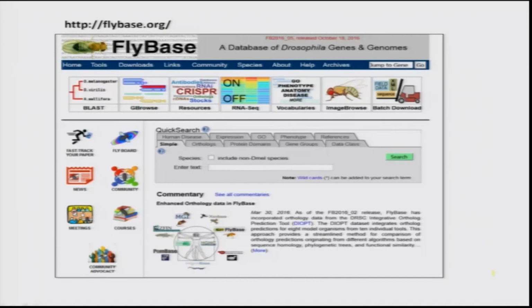This is another model system, FlyBase. Likewise, it is a very good genetic model to understand gene functions and development, and it not only talks about the Drosophila genome and sequence, but also about the relationship between genes that are conserved across species. If you recollect, we discussed gene ontology sometime in the previous week.